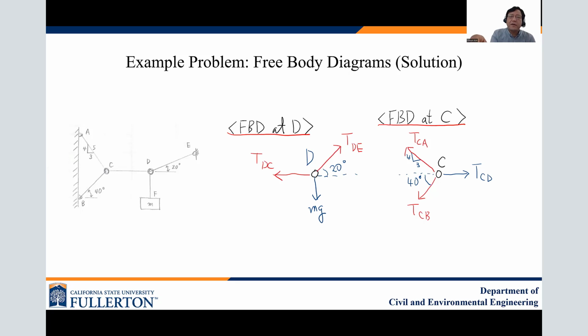So the angles and the mg are in blue color, which are given conditions. And then T_CD at this stage is given because with the previous step at D, you can find T_DC, and T_DC is the same as T_CD. But I will explain this in more detail in another video clip related to the equilibrium equations. So I hope you can draw the free body diagram at D and C.